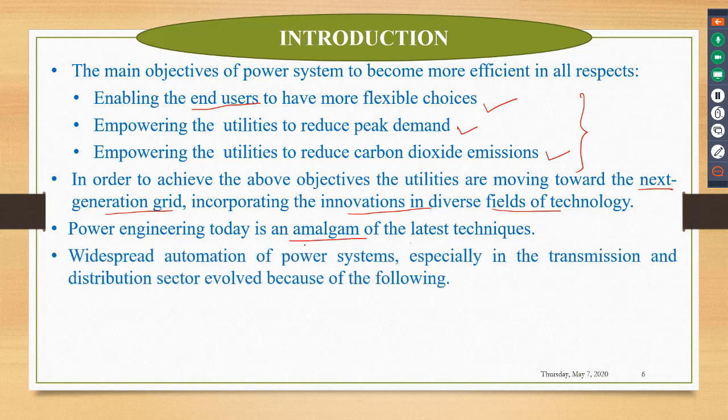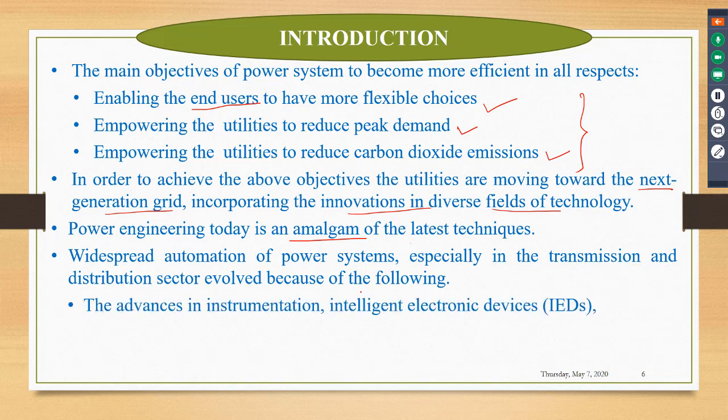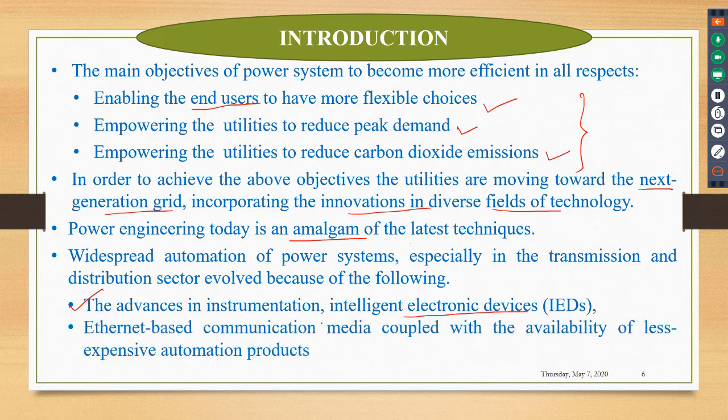So widespread automation of power systems, especially in the transmission and distribution sector, evolved because of the following. So why are we going towards automation? The leading cause is the advances in instrumentation, then intelligent electronic devices, and second one is Ethernet based communication media.